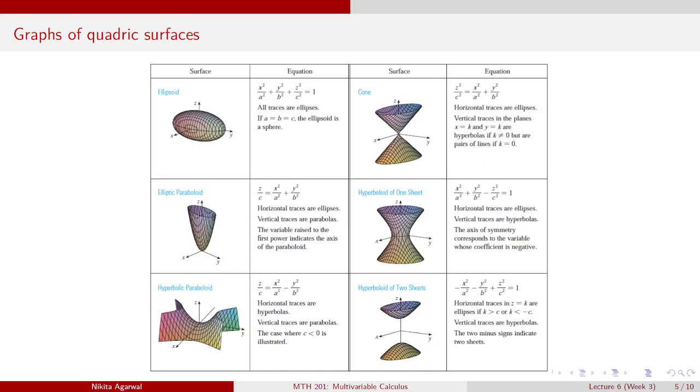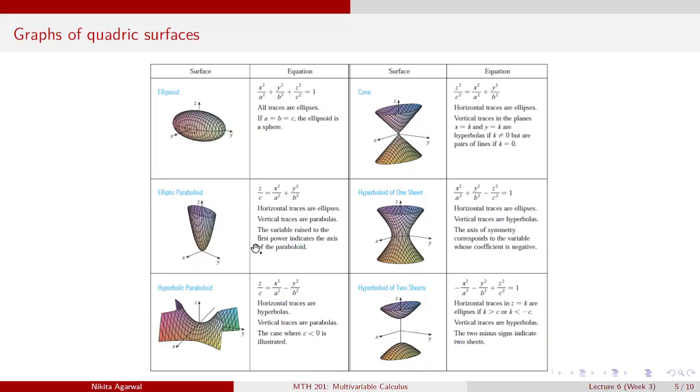Now, when you go to quadric surfaces, you get various possibilities. These are the 6 possibilities that I have drawn, all in standard form. The ellipsoid, cone, hyperboloid of one sheet and hyperboloid of two sheets are in the first standard form because you see x square, y square, z square terms everywhere.